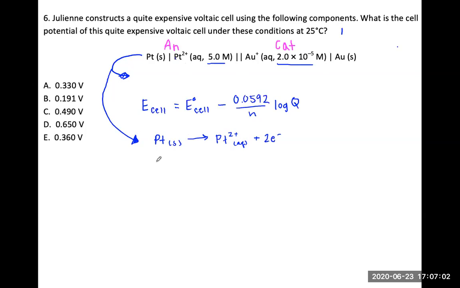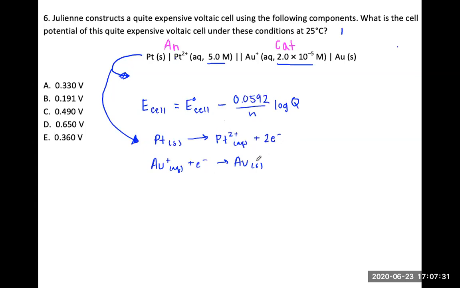And then now we can write our reduction half reaction. We can see that we have gold ions that would be gaining 1 electron then to make solid gold. So we have the half reactions. We do need to balance them in order to cancel out the electrons.